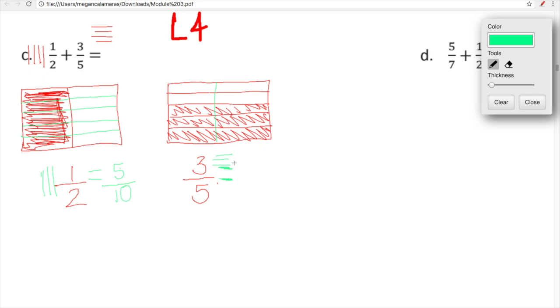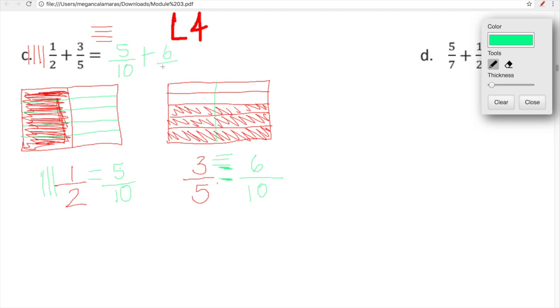We've now learned that 3/5 is also equal to 1, 2, 3, 4, 5, 6 over 1, 2, 3, 4, 5, 6, 7, 8, 9, 10. Wow. So we've now learned that 3/5 is equal to 6/10. All we need to do now is rewrite our expression. So we have 5/10, because we learned 1/2 is equal to 5/10, plus 3/5 is equal to 6/10.